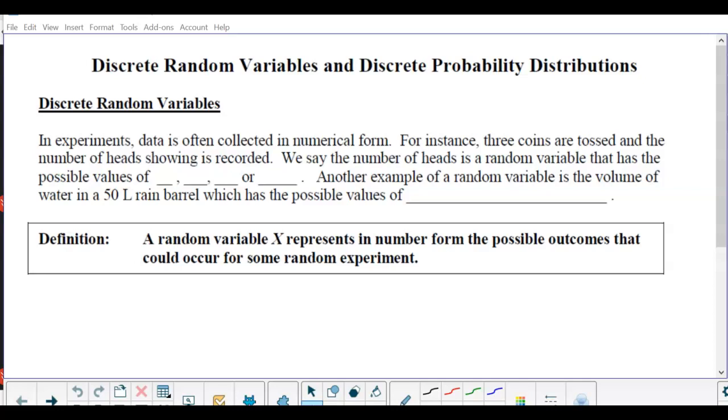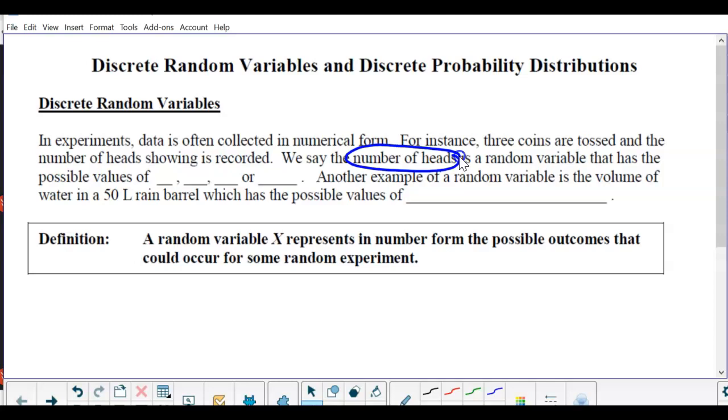doesn't happen. In experiments, data is often collected in numerical form. For instance, 3 coins are tossed and the number of heads showing is recorded. We say the number of heads is a random variable, because it happens randomly, you don't know what it's going to be, and it has possible values. When you're tossing 3 coins, how many heads could you get?